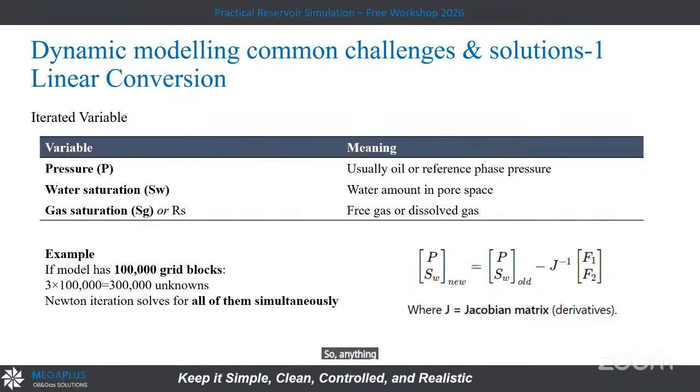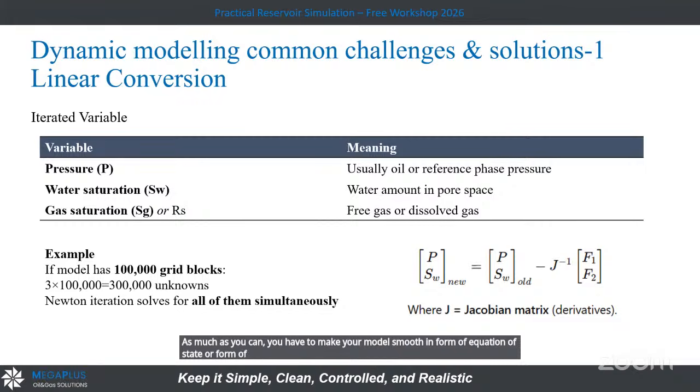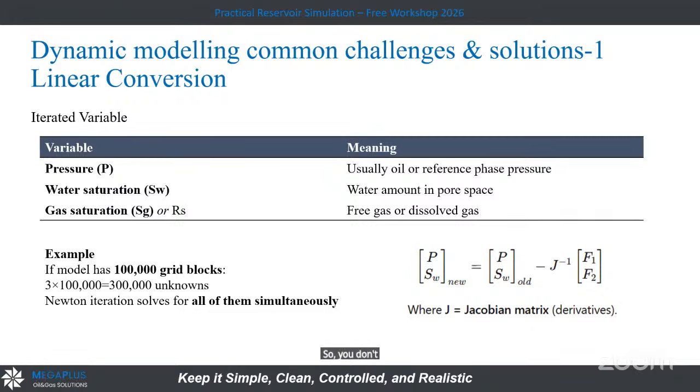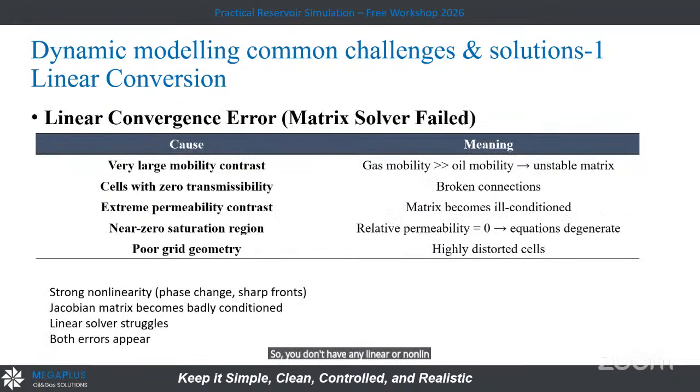If you have any shock or any sudden change, it will cause a lot of iteration, and maybe a lot of matrices will be needed. So as much as you can, you have to make your model smooth in form of equation of state, fluid behavior, relative permeability and transmissibility, so you don't have any linear or nonlinear convergence problems. That's the key word about that.